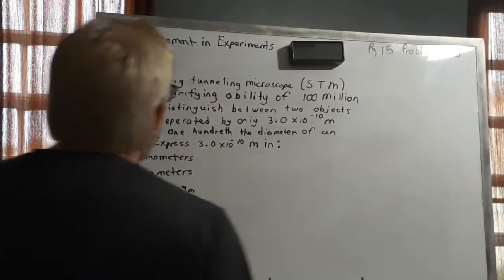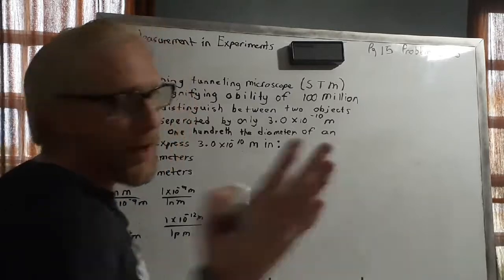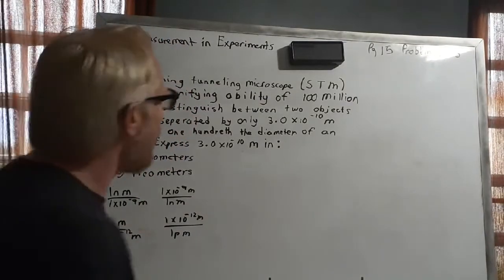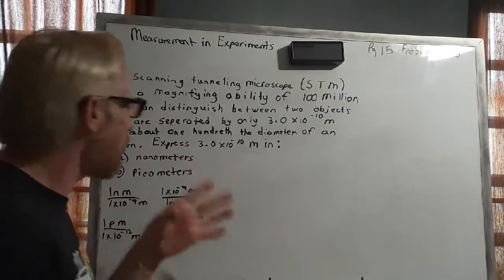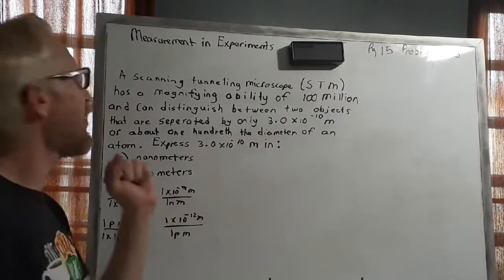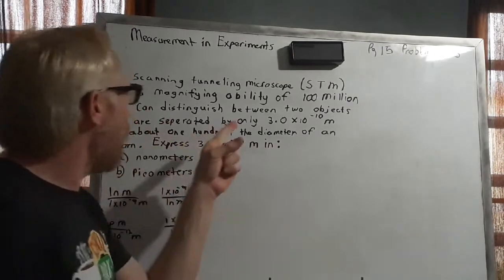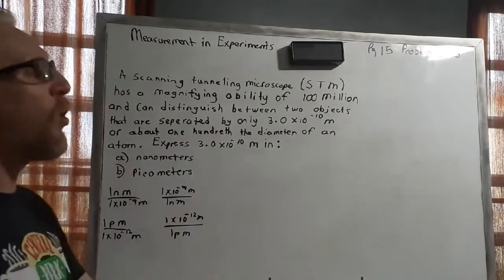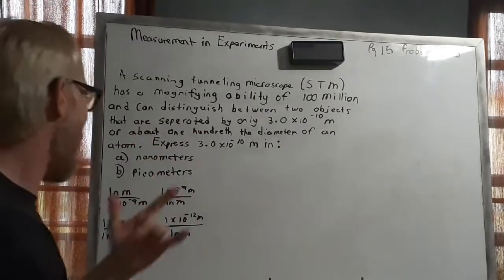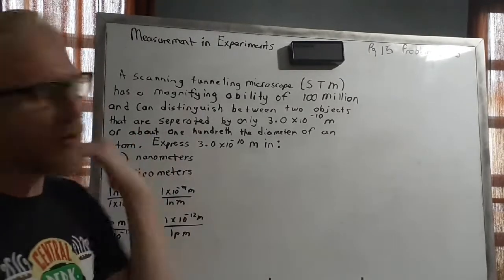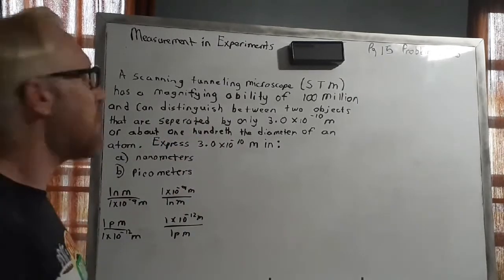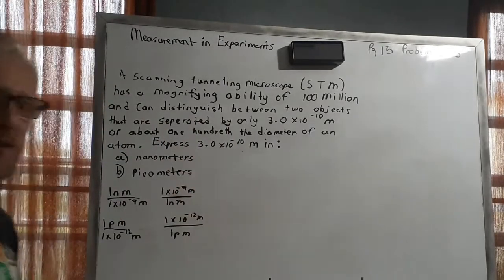So it says a scanning tunneling microscope, or STM microscope, has a magnifying ability of 100 million and can distinguish between two objects that are separated by only 3 times 10 to the power of negative 10 meters, or about 1/100 the diameter of an atom. Express 3 times 10 to the power of negative 10 meters into nanometers and picometers.